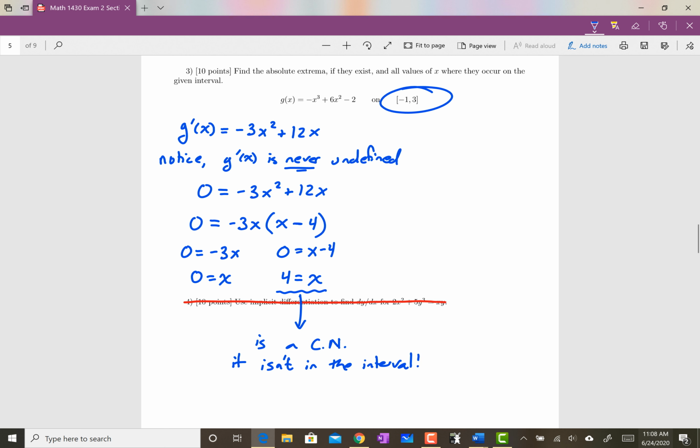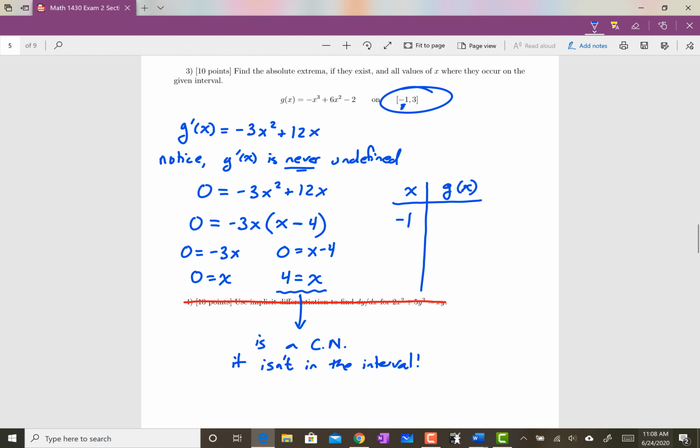One way that I like to do this mathematically to remind myself that I could get critical numbers that are not used in my interval is I always write down my interval values x, followed by my function value g of x, and I do them in order. So I start with my first endpoint value, that's negative 1.